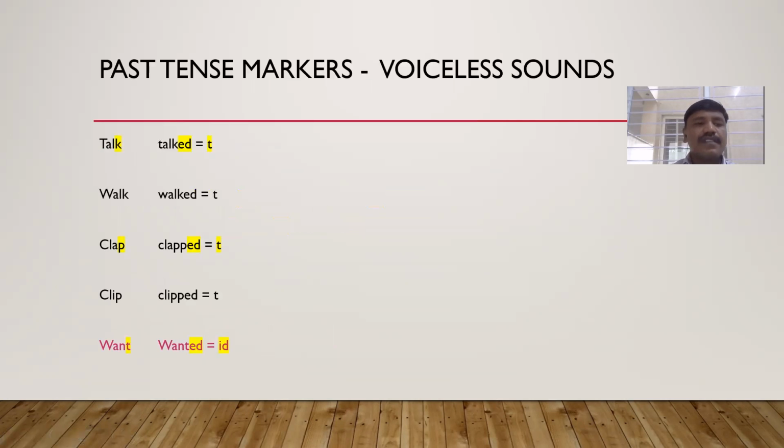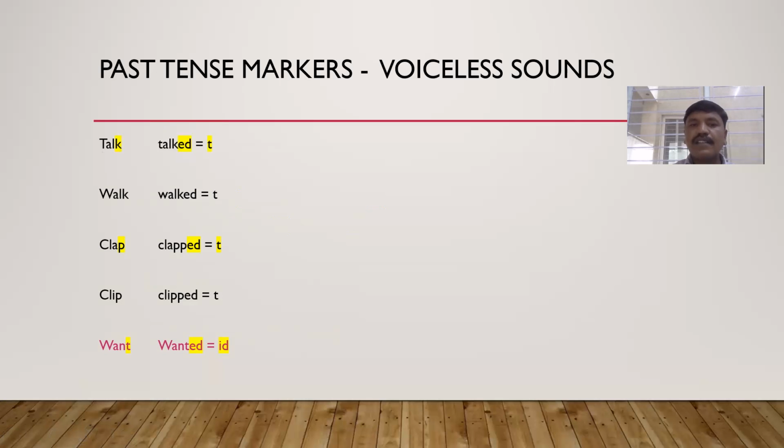For example, when we look at past tense markers, talk is there. This k is called a voiceless sound. We should have some background knowledge to understand this: what is voiceless and what is voiced? So when a verb ends with a voiceless sound like k, and it is inflected for past tense, that is ed, this ed after the voiceless k is pronounced as t: talked.